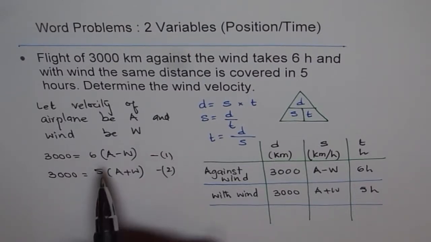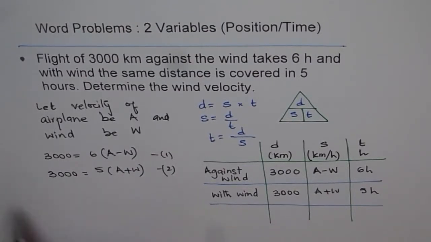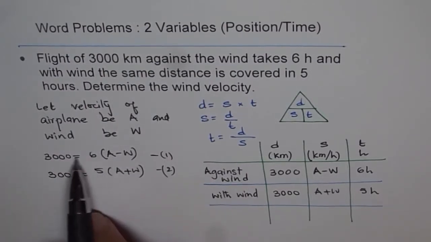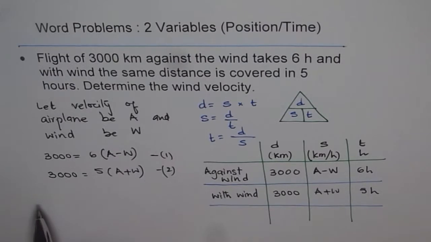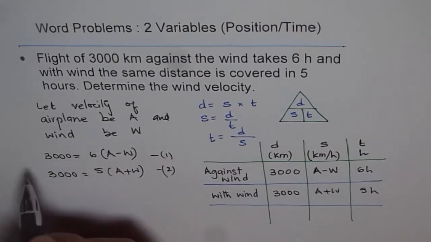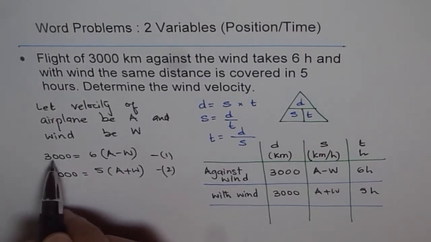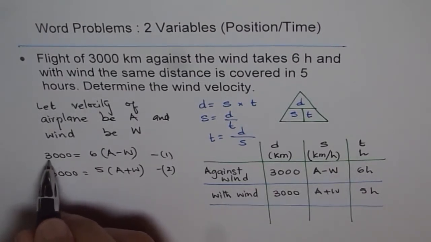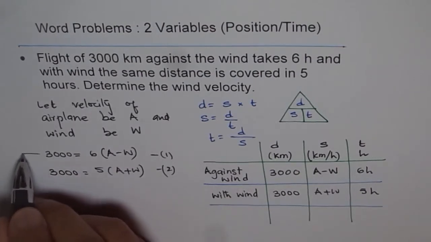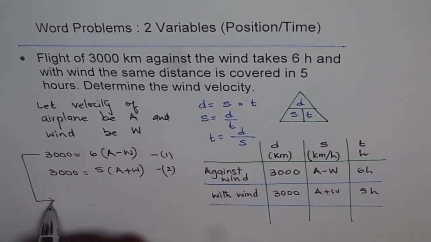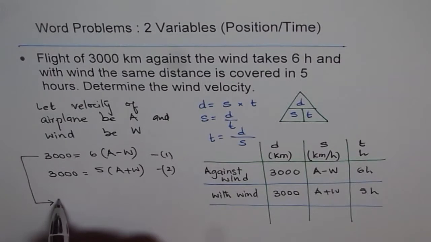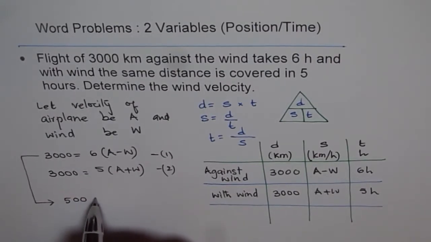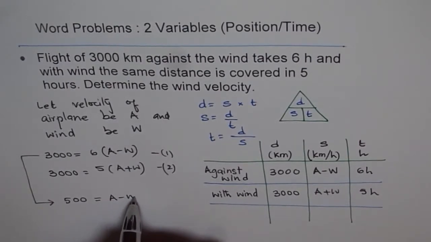Now, using these two equations, we can solve for two variables. As a first step, let's divide left side by 6 and 5 and simplify it. So what do we get? 3000 divided by 6 is 500. So we have 3000 divided by 6, which is 500, equals to a minus w, right?